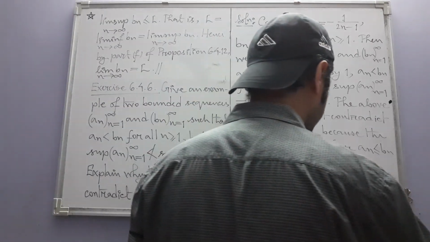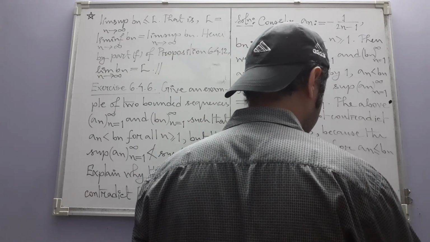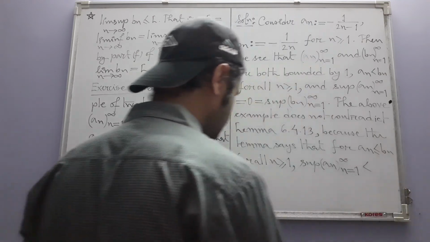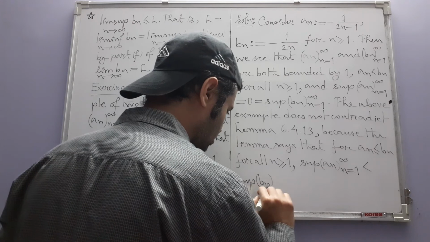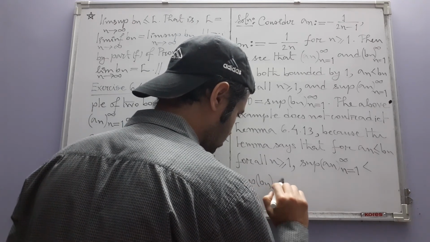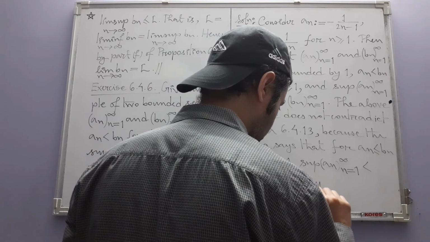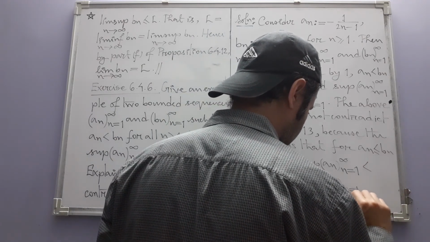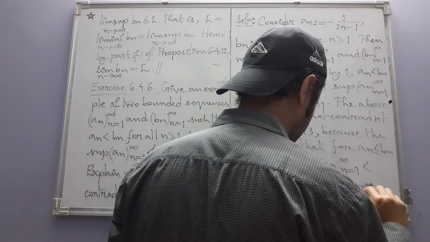That means supremum of An is either strictly less than the supremum of Bn or the supremum of An is equal to the supremum of Bn.